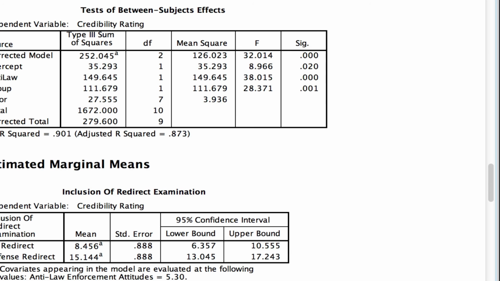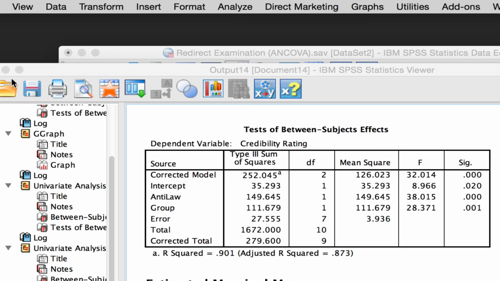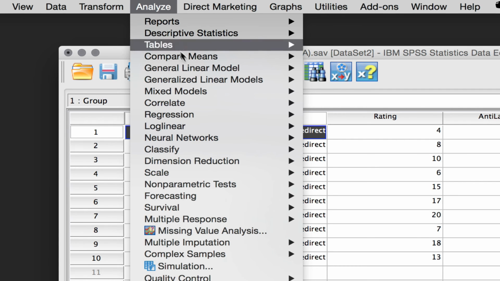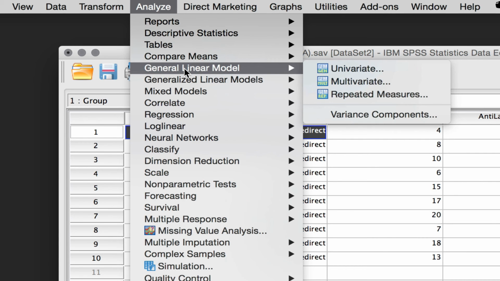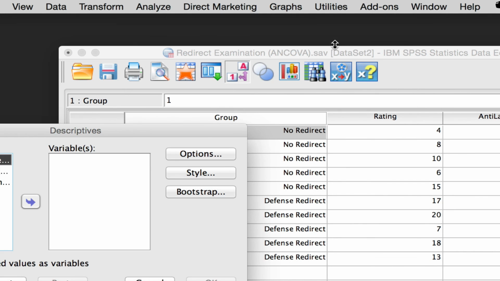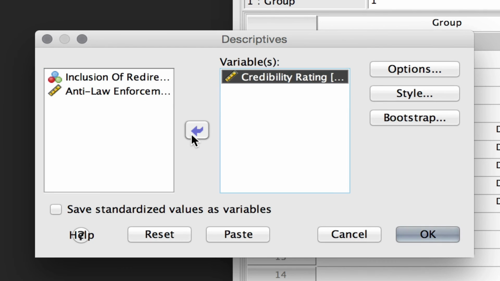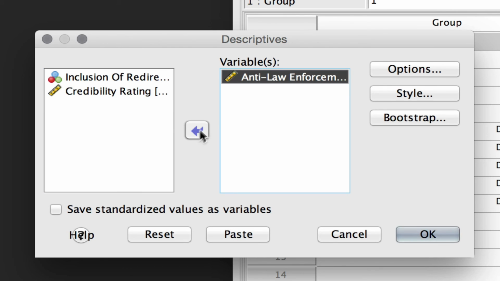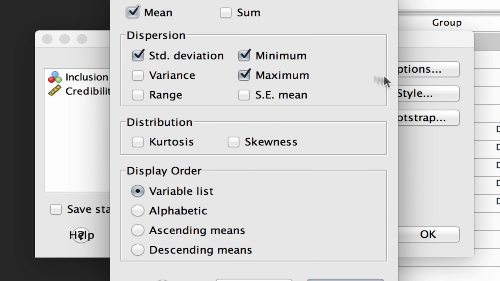And just to prove that that is the mean of the covariate, let's get some descriptive statistics. So I'm going to minimize that for a second. I'm going to go to Analyze, Descriptives. I'm going to say we want descriptives on our covariate, and all I want to demonstrate my point is the mean in this case.